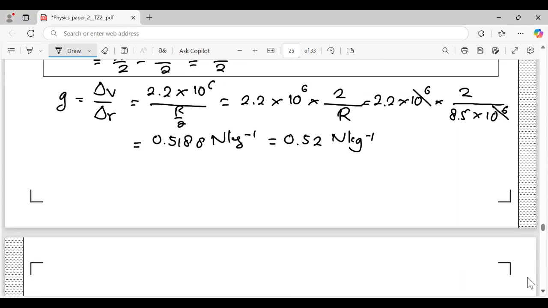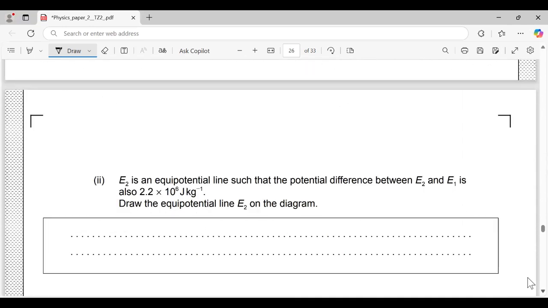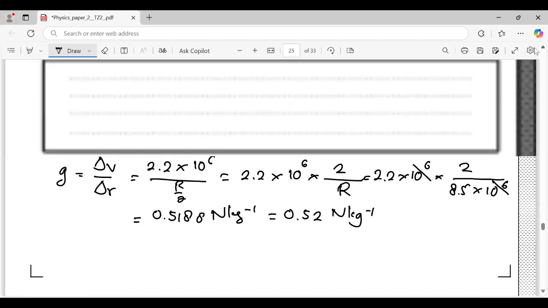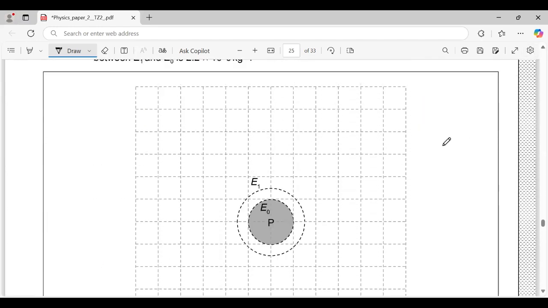Right. Next, the next question is about this one. E2 is an equipotential line such that the potential difference between E2 and E1 is also 2.2 times 10 to the power 6 joule per kg. Draw the equipotential line E2 on the diagram. So there is E2 here.